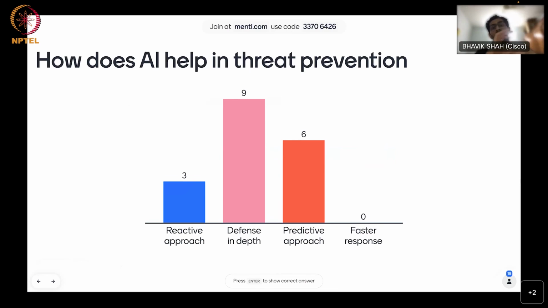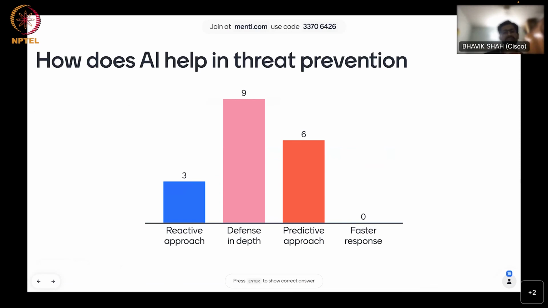Along with the scope being limited, the attacks were always used to happen, and then you used to build your defenses around it, right? But the reason AI helps is that it is more predictive, right? Before the threat happens, it gives you that edge that, hey, something bad is going to happen, do this so that the attack does not expand to other networks, right?